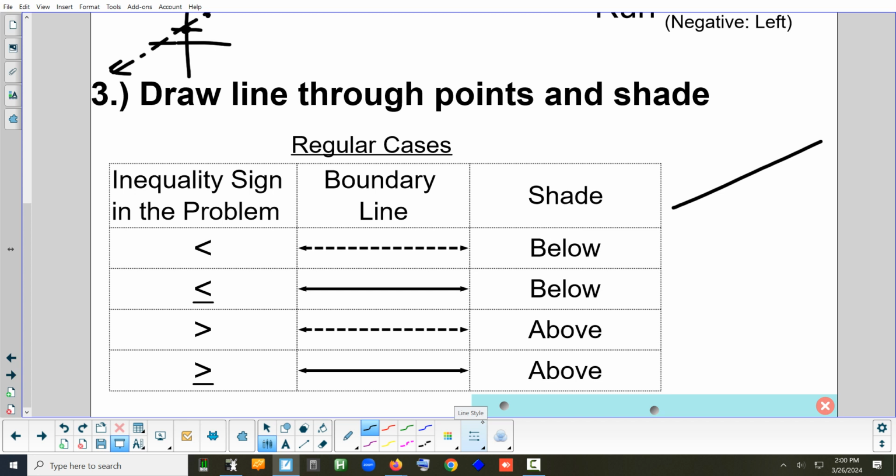Only time this doesn't work is if you have a vertical line. With a vertical line, you don't have an above and a below. You have more of a left and a right. Okay, that's a special case. We'll talk about that after.